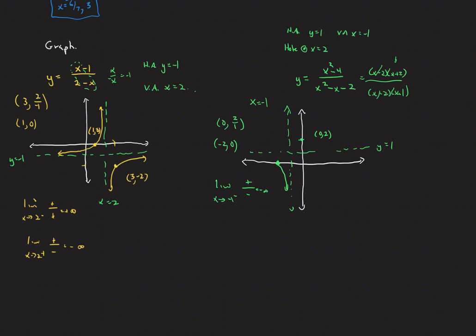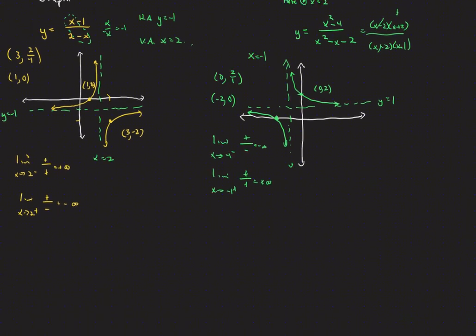So we're going to drop down there and approach our horizontal asymptote to the left. As we approach negative 1 from the right, we plug in something like a negative 0.9, we'll get a positive and a small positive, so that will go to positive infinity, and we'll approach our horizontal asymptote. Okay, let's see what else we got.